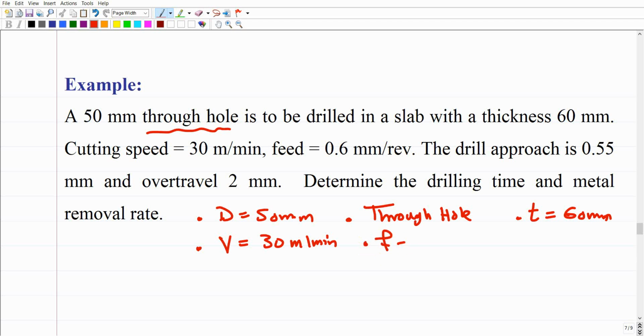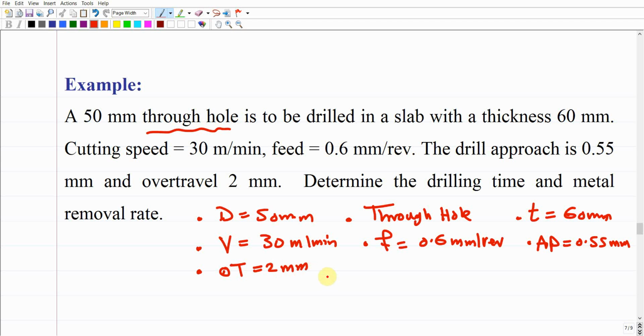And the feed, which is F, was given as 0.6 millimeter per revolution. It means that it is F, not feed rate, not FR. The drill approach distance was given as 0.55 millimeter. And the over travel distance was given as 2 millimeter.